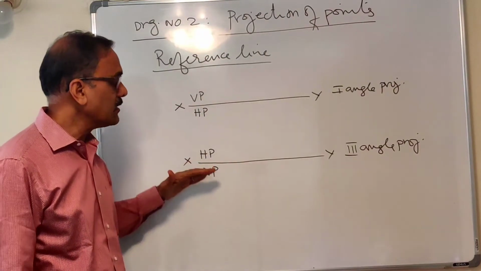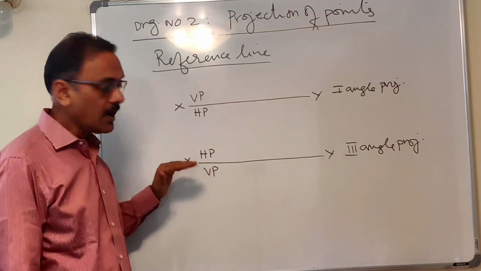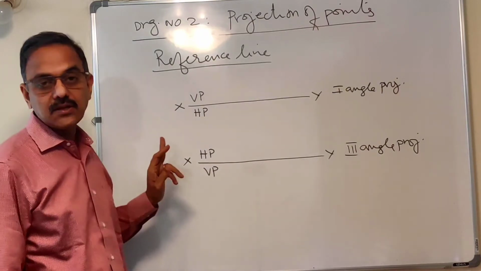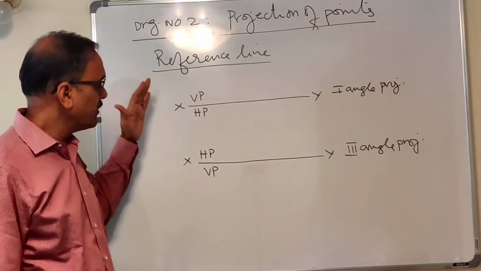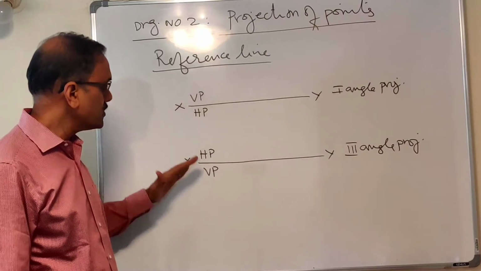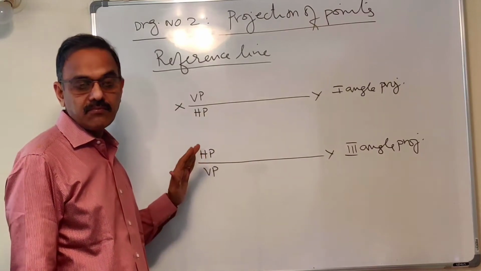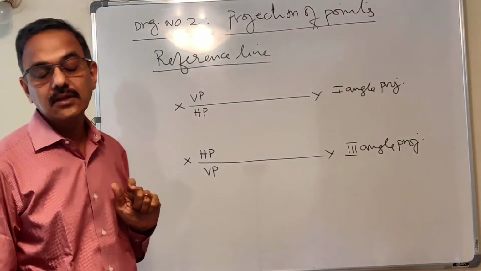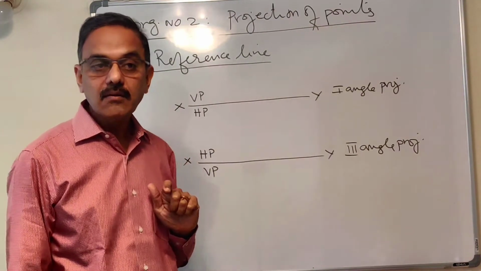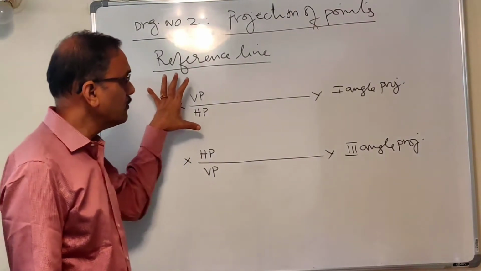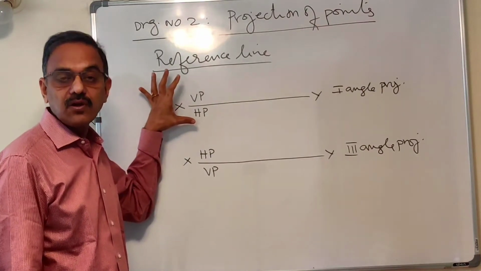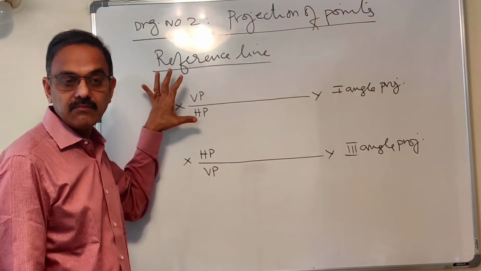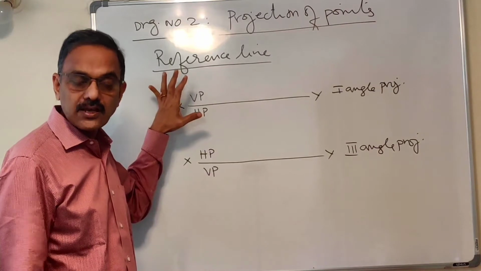One is the first angle and the other is third angle projection. And this is how the reference line is represented for them. This is for the first angle projection, this is for the third angle projection. Once we enter projection of straight lines, the next chapter, we will be restricted only to first angle projection because we are following only first angle projection in India or as per your syllabus.